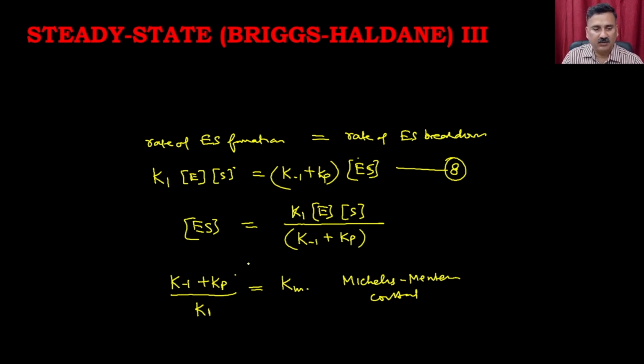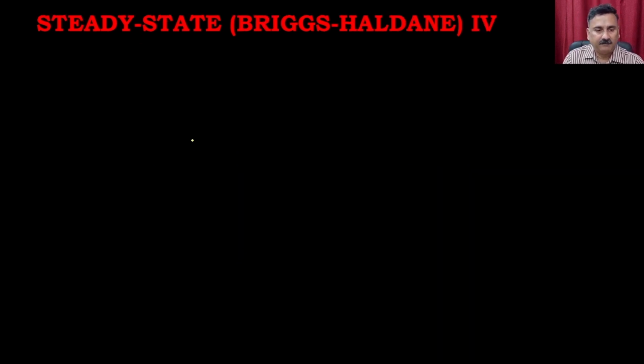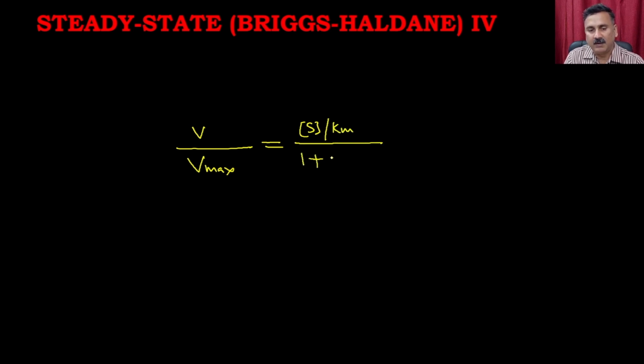And you can calculate. So if you put all this together, you will get this. Okay, so you get V by V max is equal to S divided by Km, divided by 1 plus S by Km.